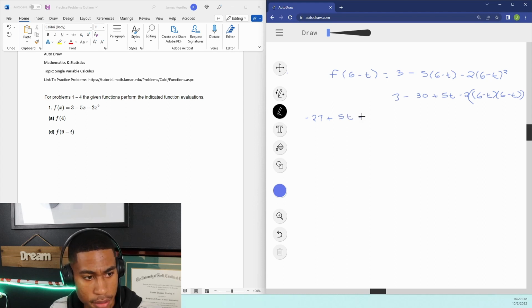And minus 2 times, and I have not done this in a while, so this will be good for me as well. 6 times 6 is 36. Minus 6t. Okay. Minus 6t. Plus t squared.